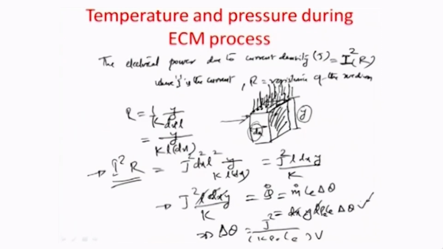So, there does exist a relationship between the temperature rise of the electrolyte and its velocity, and it is a function which is proportional to the square of the current density. It is inversely proportional to the electrical conductivity of the electrolyte, and inversely also proportional to the density of the electrolyte and the specific heat capacity of the electrolyte, Ce and rho E.